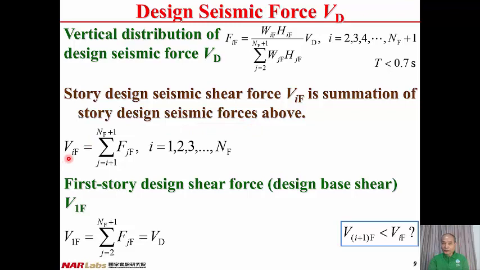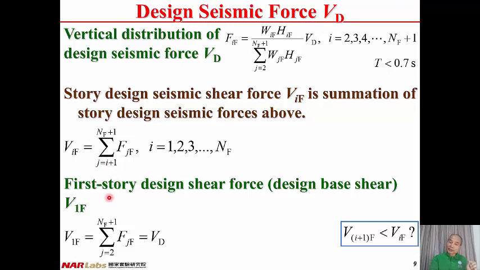Therefore, Vi^F equals the summation from j equal to i plus 1 to N^F plus 1 of Fj^F. Therefore, the story design seismic shear force Vi^F equals the summation of all the design seismic forces of the stories above.